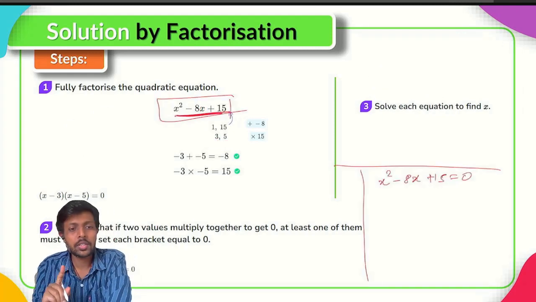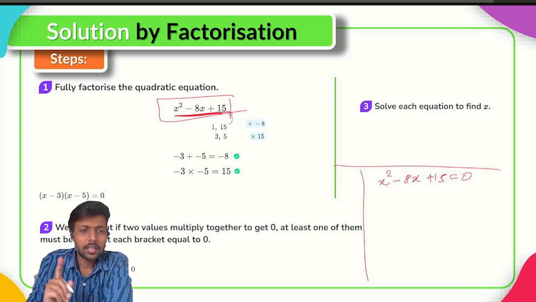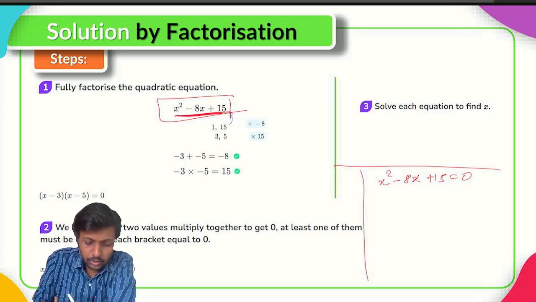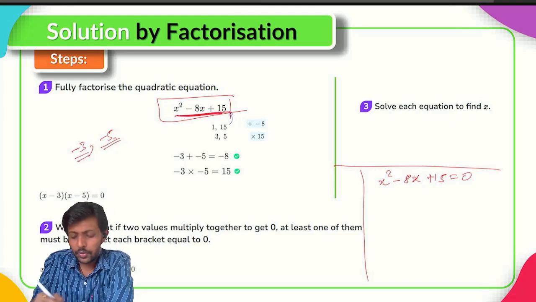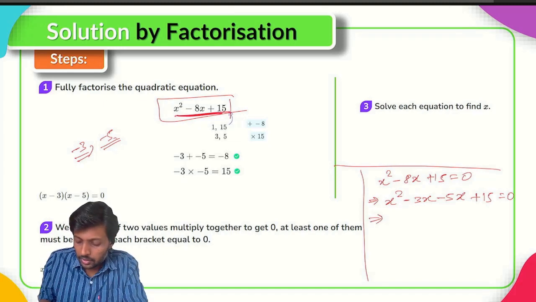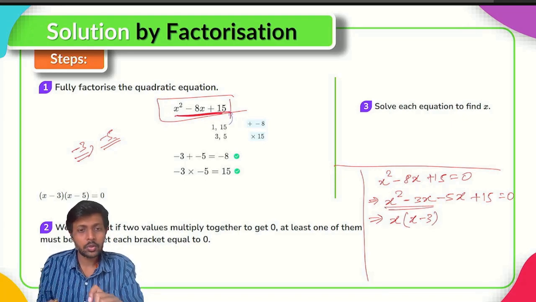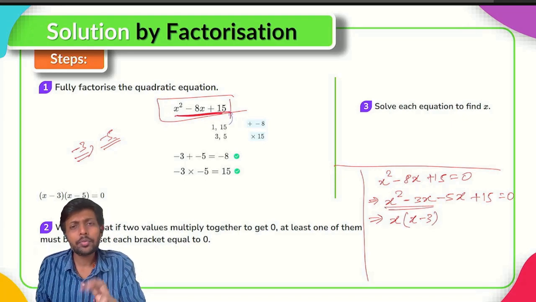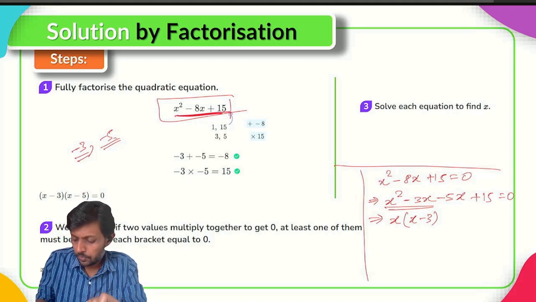So we have x square minus 8x plus 15 equal to 0. This was our original equation. Minus 8, we have split into minus 3 and minus 5. Now we write this as x square minus 3x minus 5x plus 15 equal to 0. x can be taken common from the first two terms. We get x minus 3. Then I focus on the next two terms.